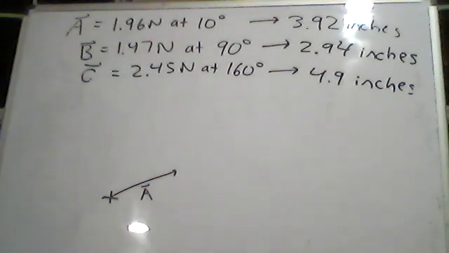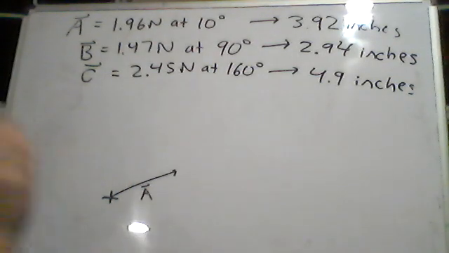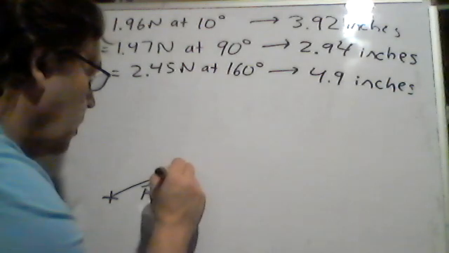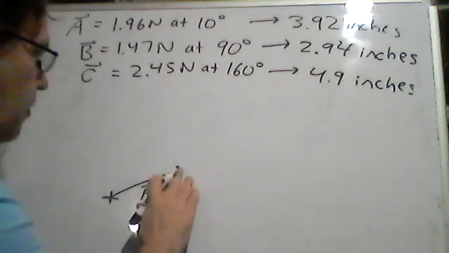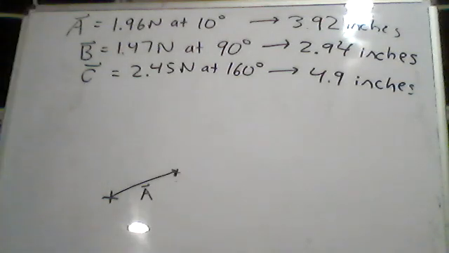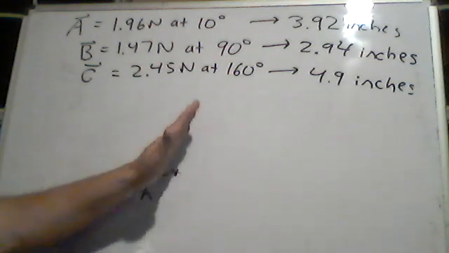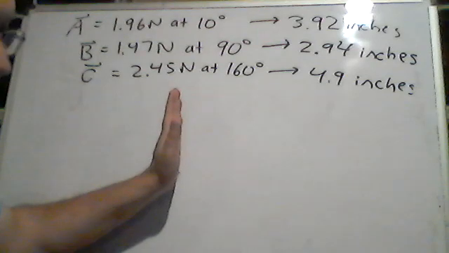Now, B, again, the tail of B starts at the tip of A. Imagine your coordinates is right at the tip of A, and you realize in your protractor, again, you want to do this carefully. You want to put your protractor and you want to literally line up a point that's at 90 degrees.